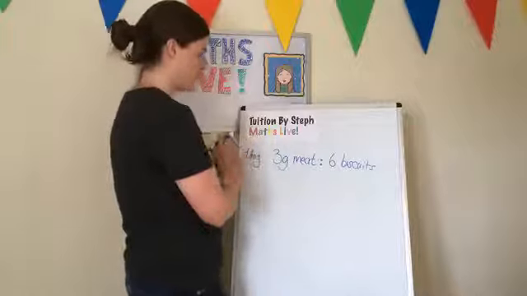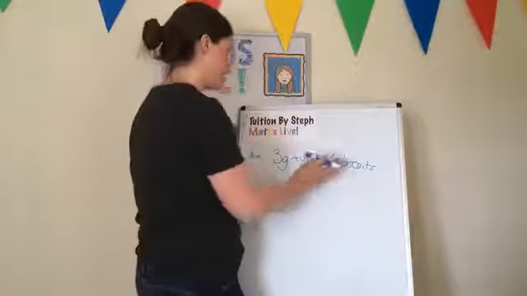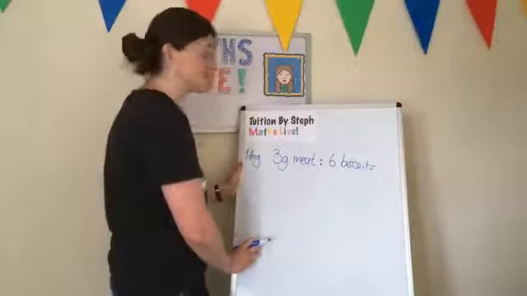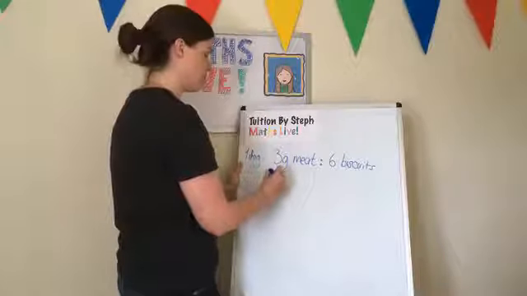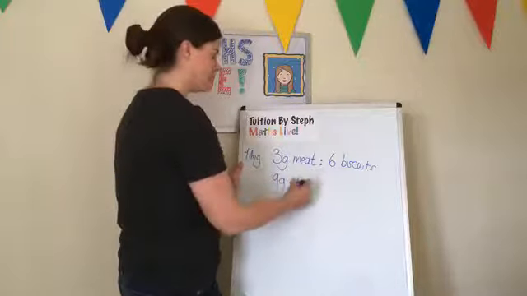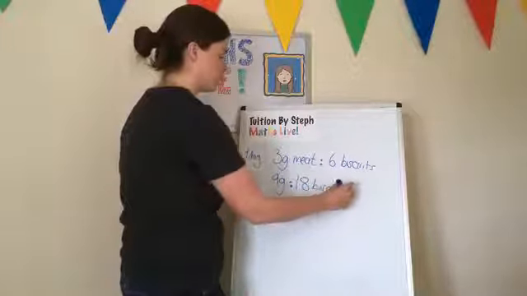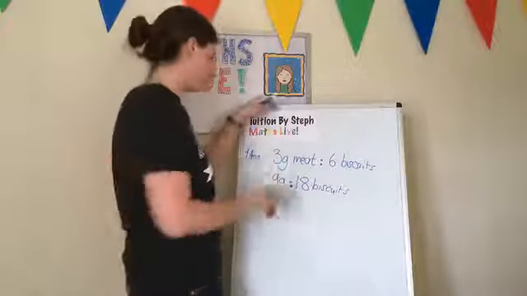Now, if that dog has 3 meals a day, you need 3 lots of these. So 3 times 3 is 9, so that would be 9 grams of meat, and 6 3s are 18 biscuits. So as you can see, both sides are staying the same.